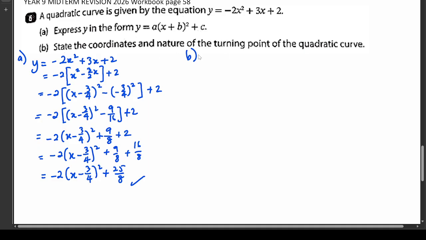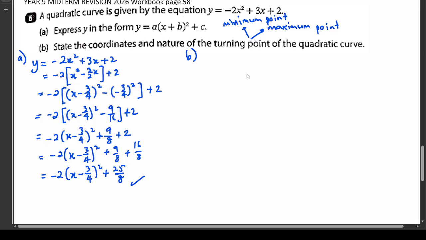Okay, state the coordinates and nature of turning point. There's two types of turning point. If you remember, I told you one is the maximum point, and then the other one would be the minimum point. Depends on whether it's smiley or sad face, right?